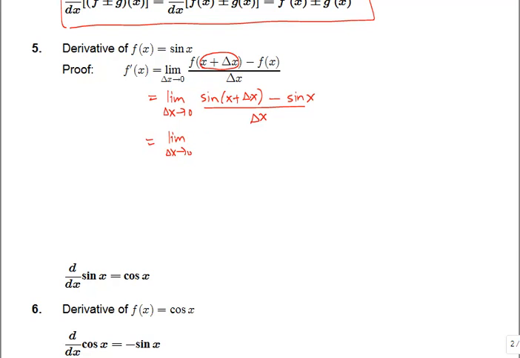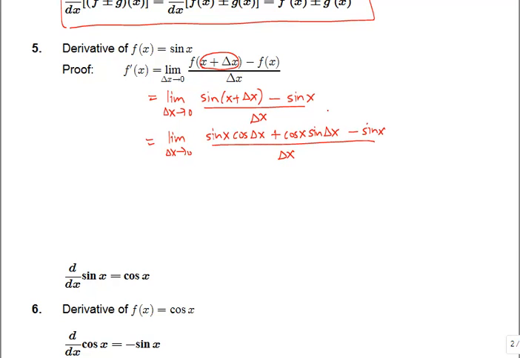The sine of x plus delta x becomes sine of the first angle times cosine of the second angle plus cosine of the first angle times sine of the second angle. So sine of x plus delta x, based on that identity, is sine x cosine delta x plus cosine x sine delta x. And then we still have that minus sine of x on the side.